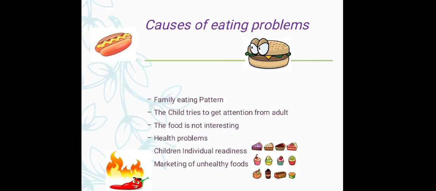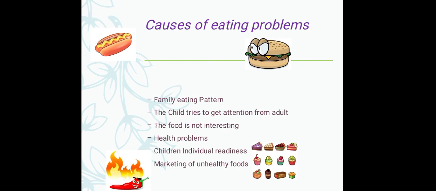Marketing on television makes children consume food which is unhealthy. So understanding all these causes of this eating problem will help us to find a solution, to find a way how to make children consume healthy food, right?